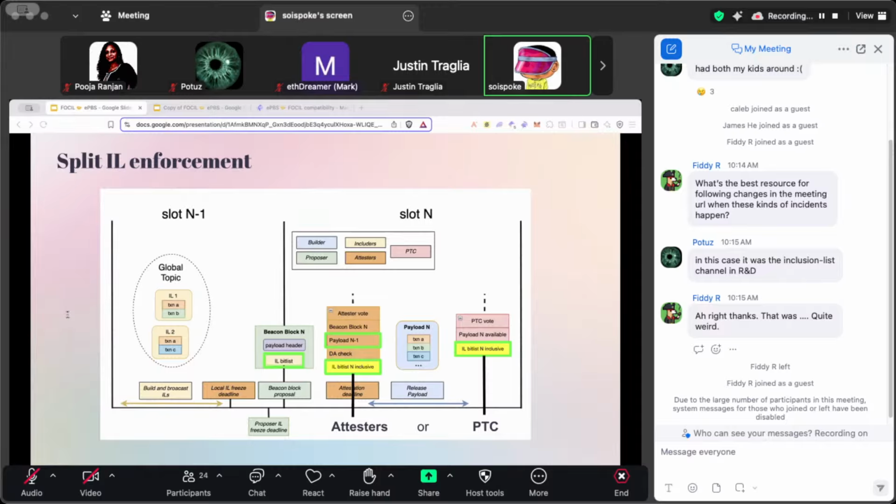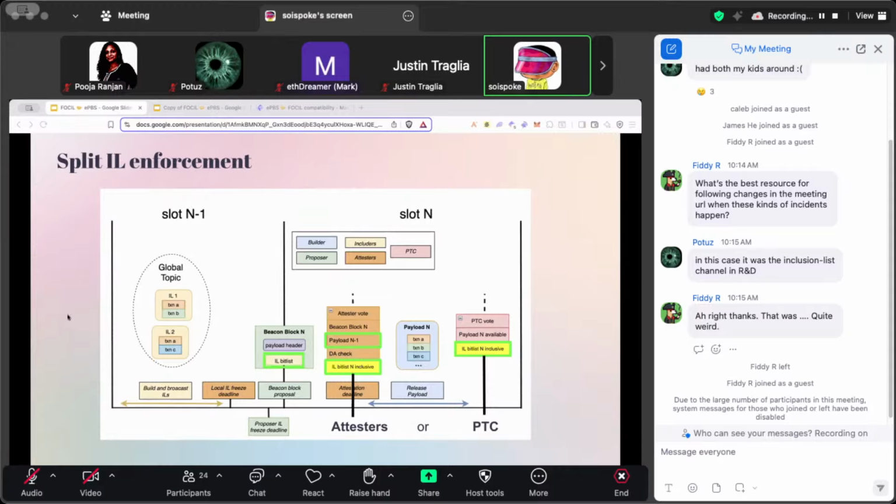But it does mean that you can reorg a beacon block just because it fails to satisfy the IL bit list inclusivity check. So, Francesco didn't seem to think it was as clean, but I think both are actually viable options.